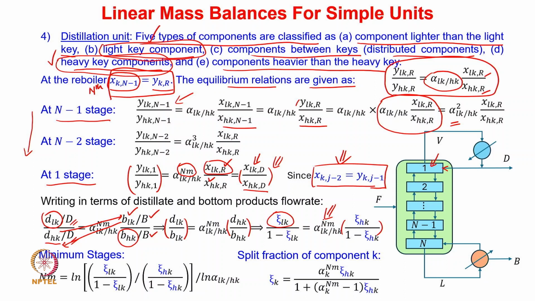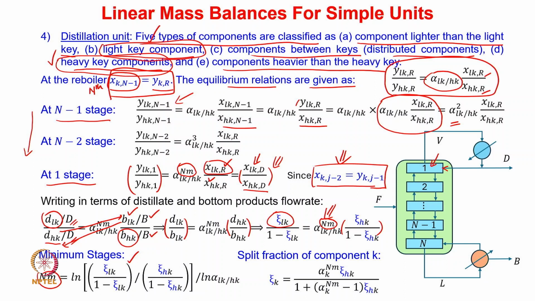Now this equation is extremely important, because now we can rearrange this equation and we can find out what will be the minimum number of stages required. So minimum number of stages required we can calculate by using this equation by rearranging. That is given as ln of zeta Lk divided by 1 minus zeta Lk, and this entire factor divided by zeta Hk divided by 1 minus zeta Hk, and this equation is called as Fenske equation.